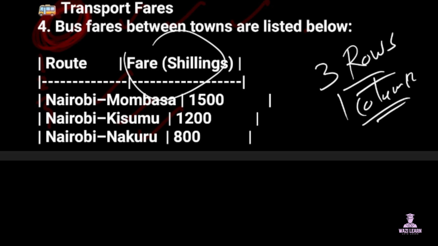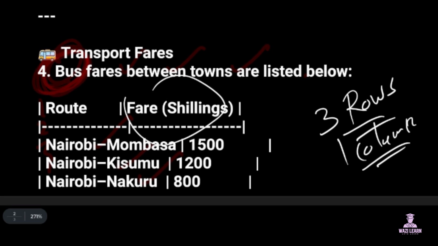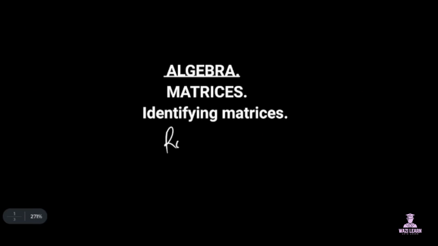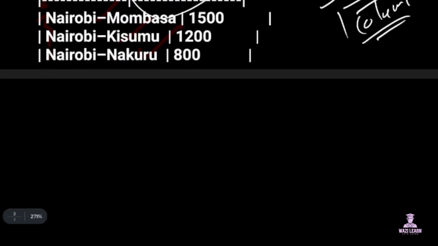So transferring this into a working area, we'll have routes: Nairobi to Mombasa, then Nairobi to Kisumu, and then Nairobi to Nakuru.